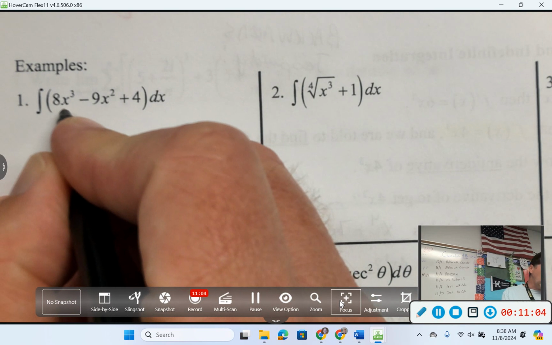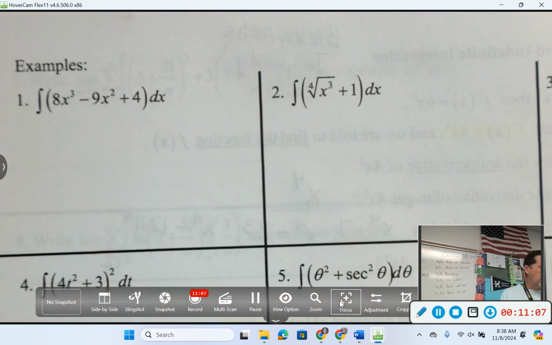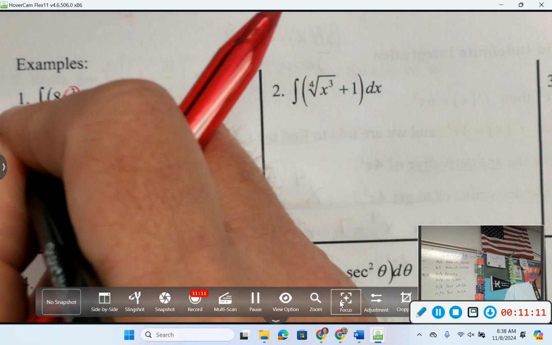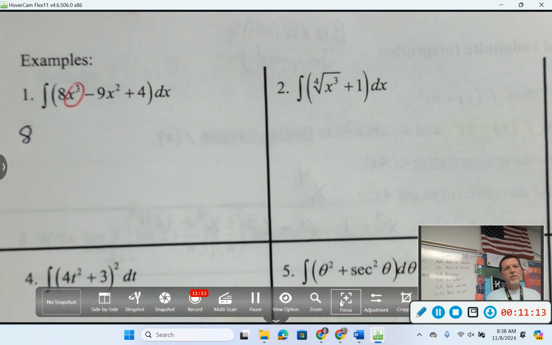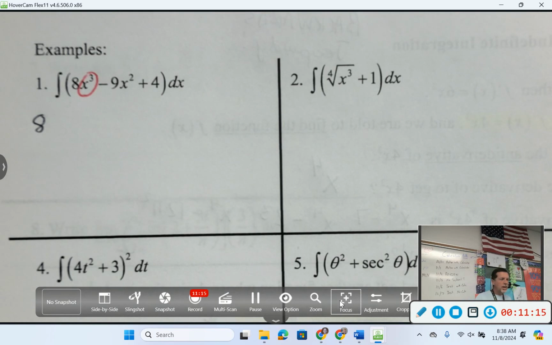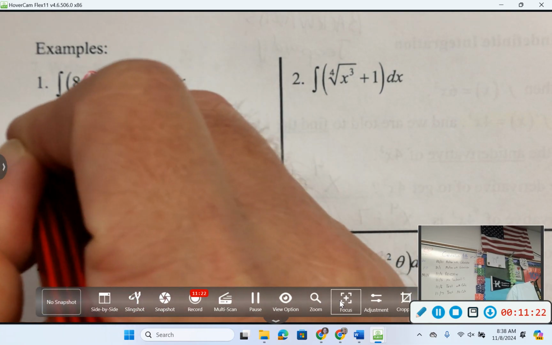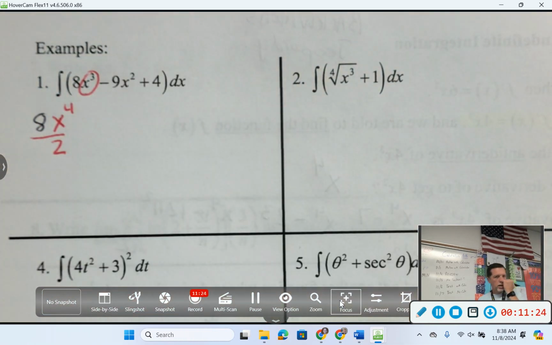Antiderivative of x cubed. Let's just take them one at a time here. Well, don't worry about the 8. 8's just along for the ride here. So, antiderivative of x cubed. Increase the power by 1 and divide by the new power.